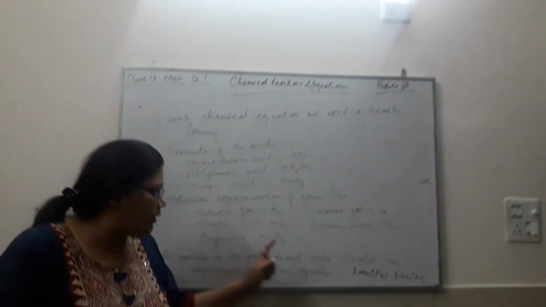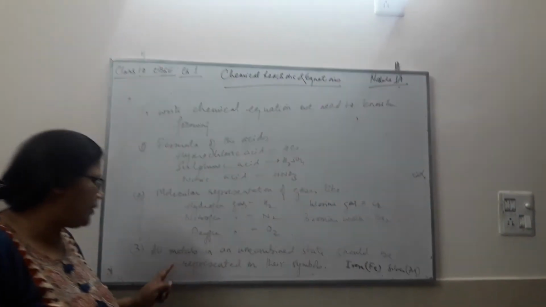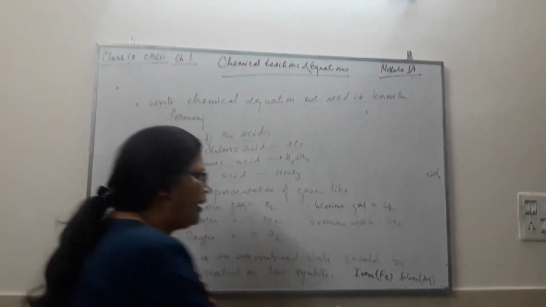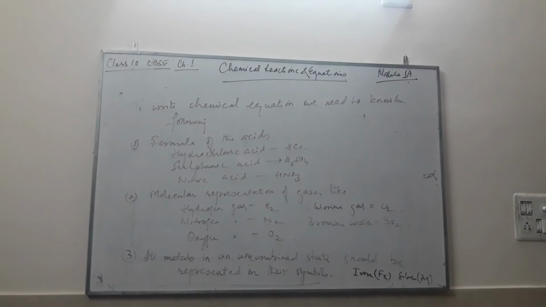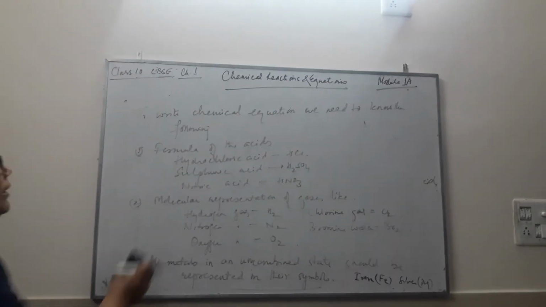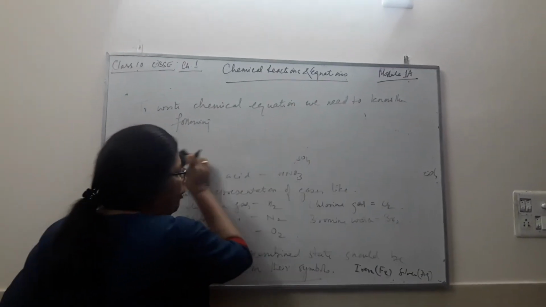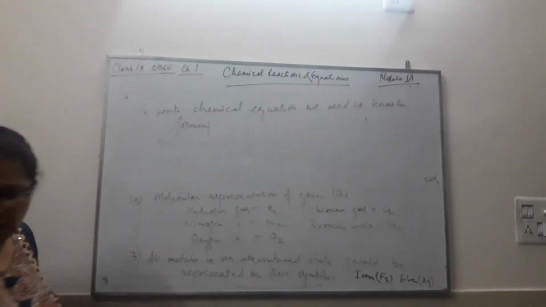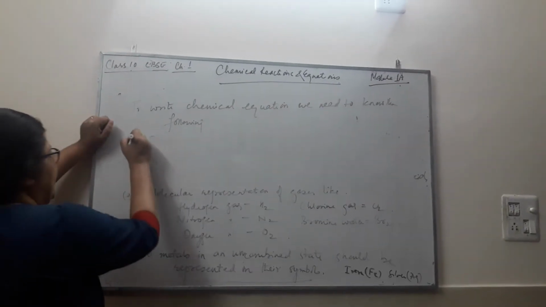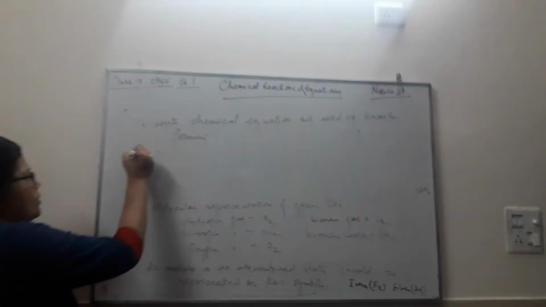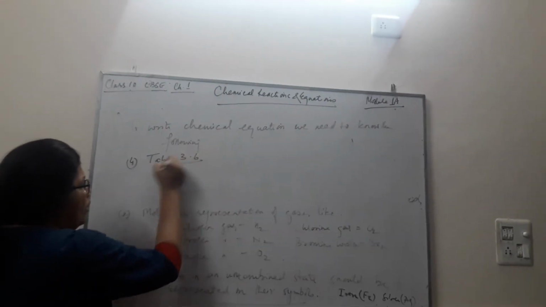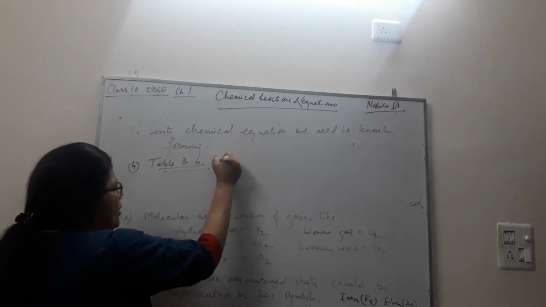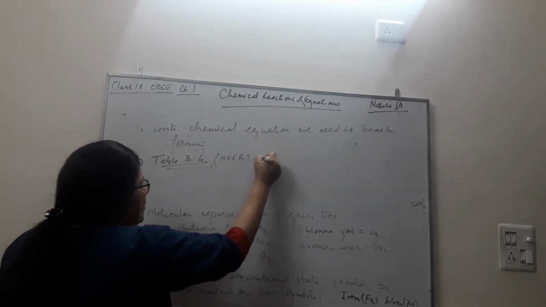All metals in the uncombined state should be represented by their symbols, like iron is Fe, silver is Ag. Now, the last important thing, you should know how to write the formula units that you have studied using table 3.6. Table 3.6 gives you the formulae of all the ions, in the NCERT book, class 9.